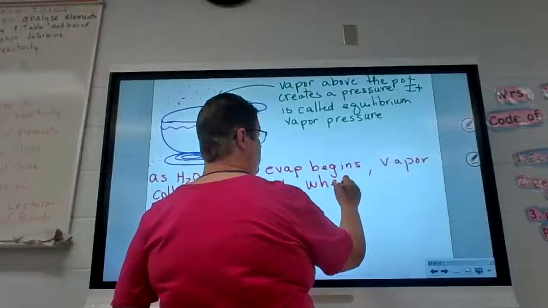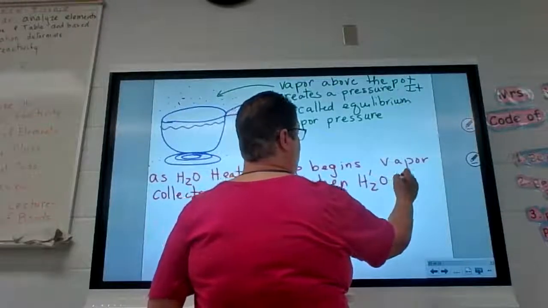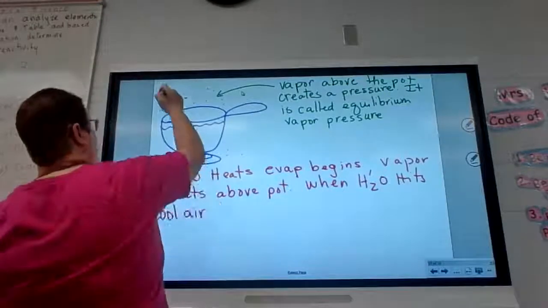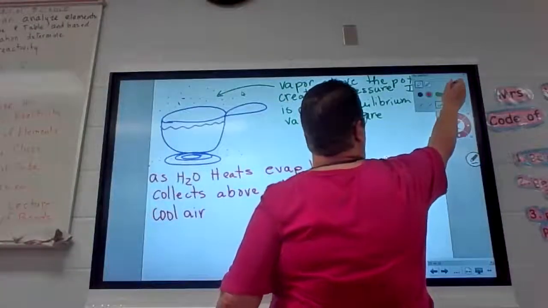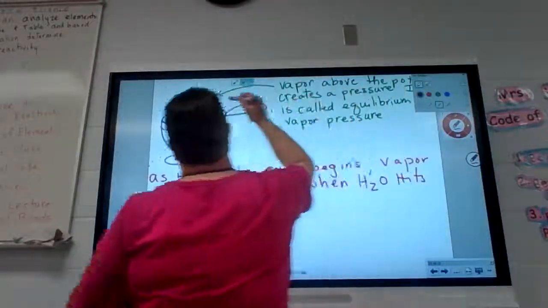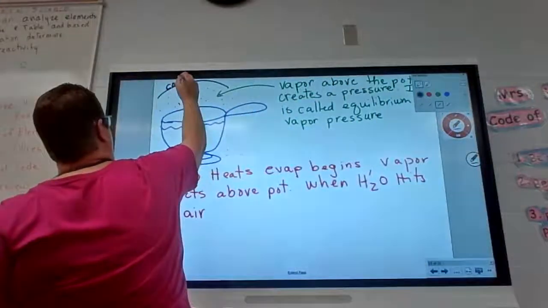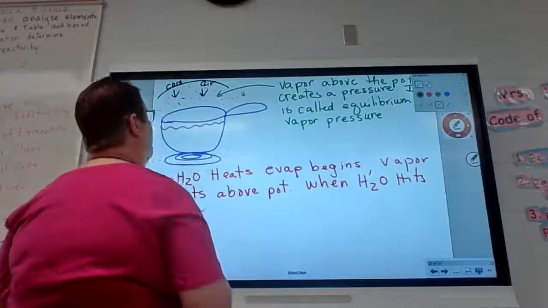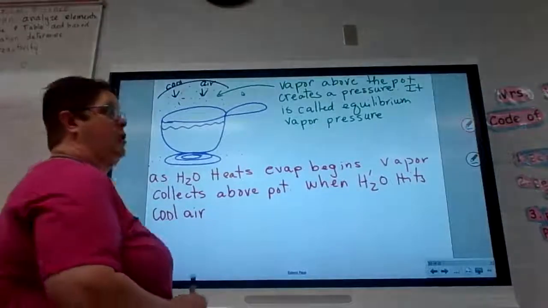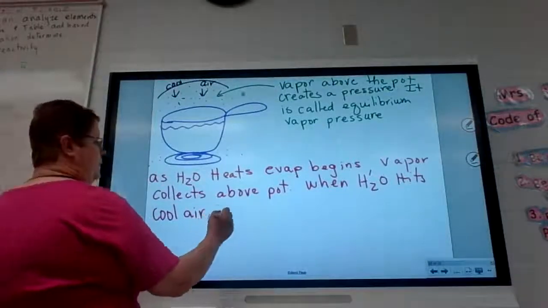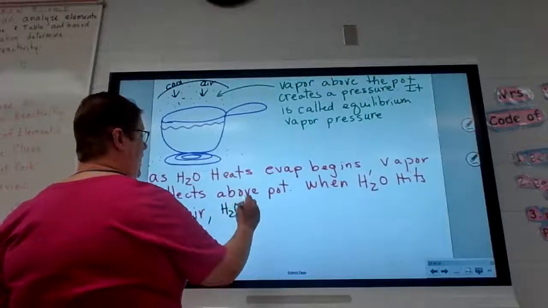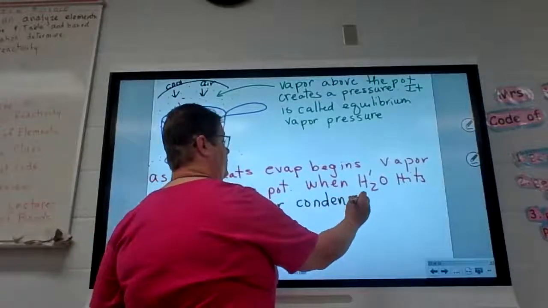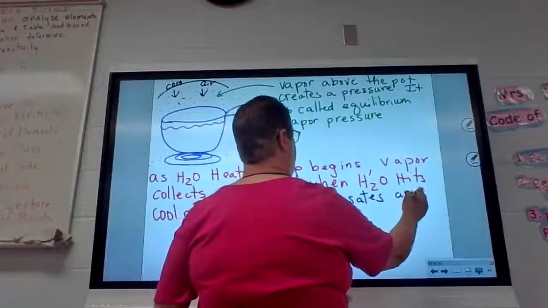When the water vapor hits cool air, okay, so you've got cool air up here. What happens when it hits that cool air up there? What does it do when it hits the cool air? That's right. The water vapor condenses and returns to the pot.